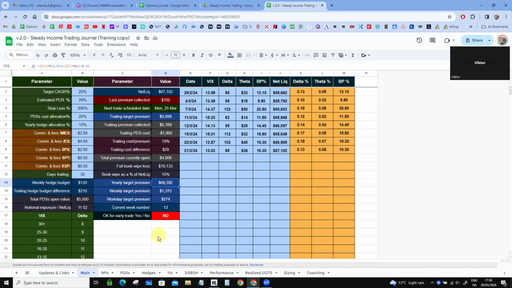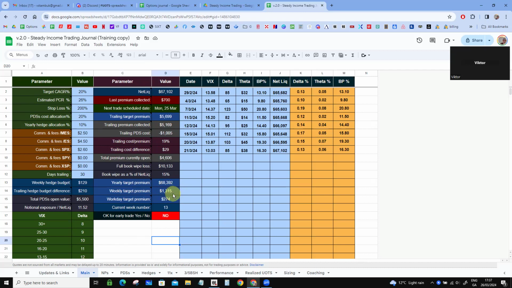You can see right here, it takes into account the net liq and the CAGR and the PCR and all of these numbers to come up with an optimal, or rather required, premium to be sold per year in order to achieve this under these circumstances, the statistical win rate, statistical loss rate, and all of that. And then this is further divided by weeks to give us a quick snapshot of a target weekly premium.